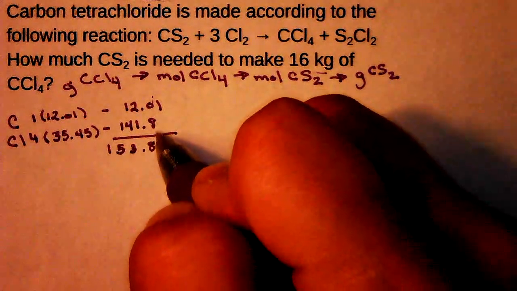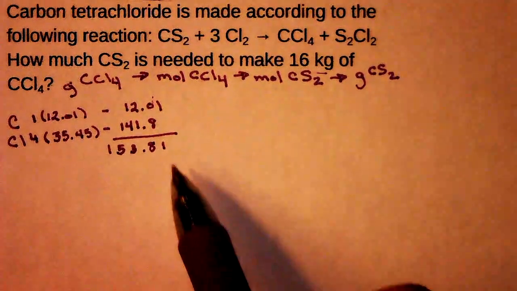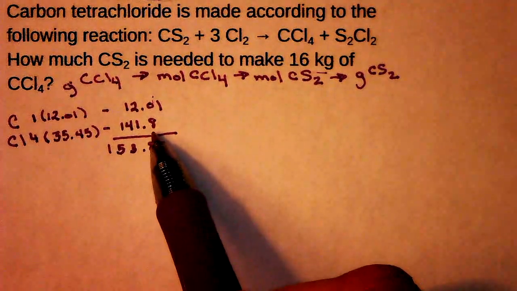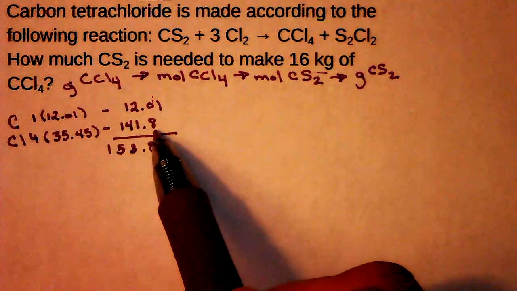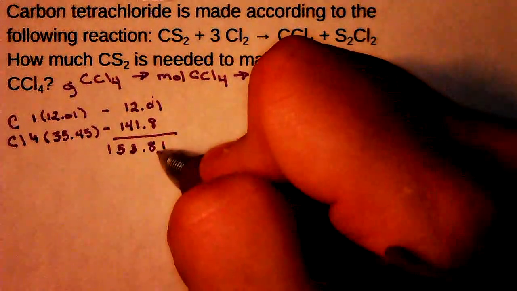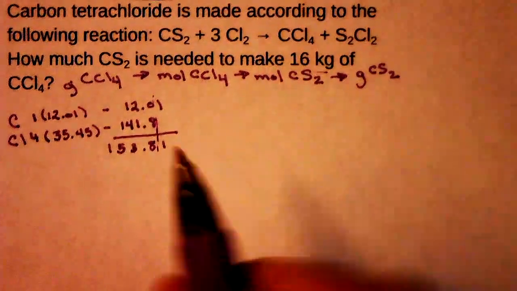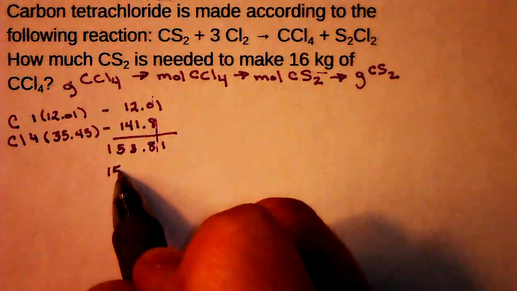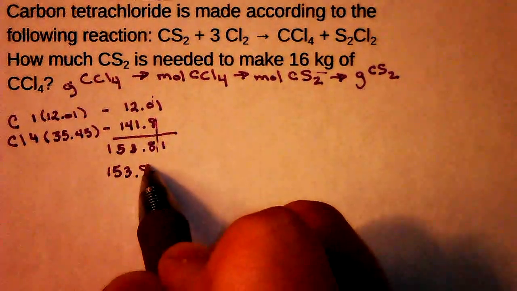Remember, significant digits. We're going to stop at the place of your addends that has the smallest number of decimal places to the right of the decimal point. So here we're going to lop it off right there. So we're actually going to have 153.8.